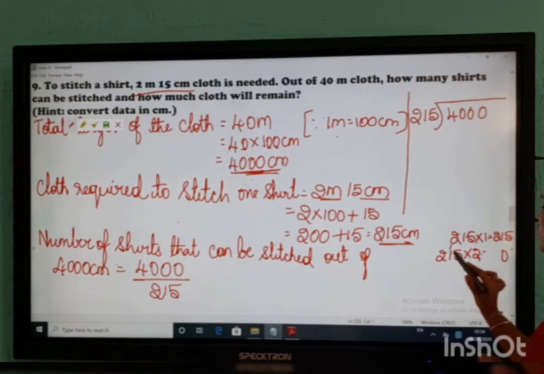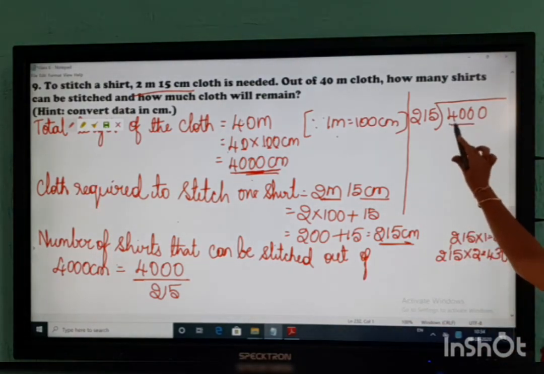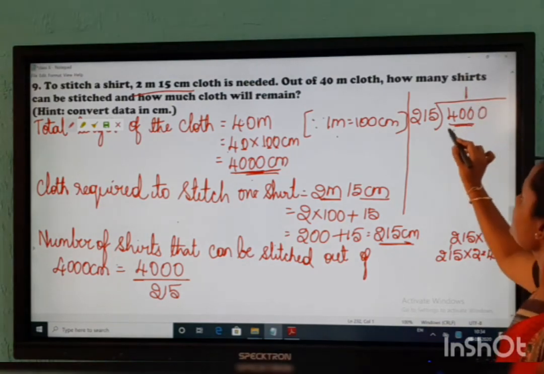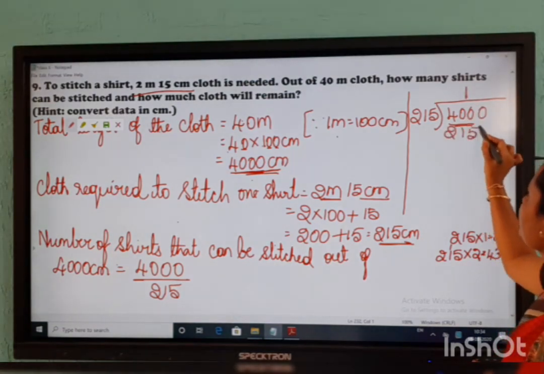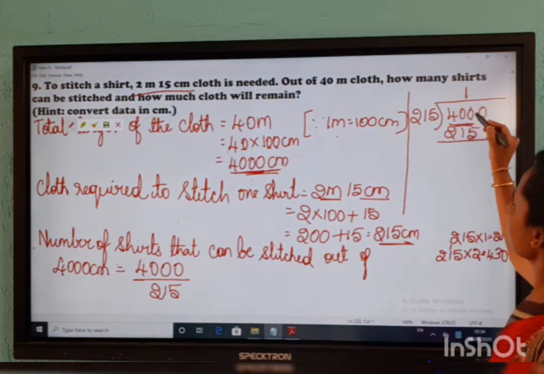Then 1 carry, 2 ones are 2, 3. 2 2s are 4. So 430. See here where 400 is there. So we can take 215 ones are 215. Clear?